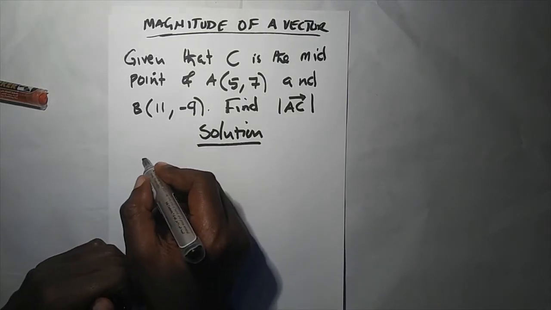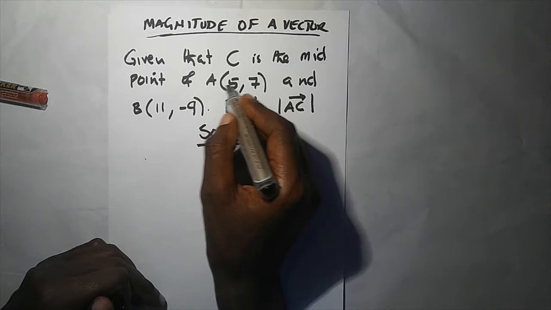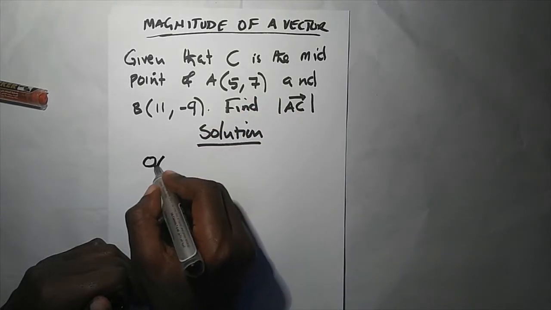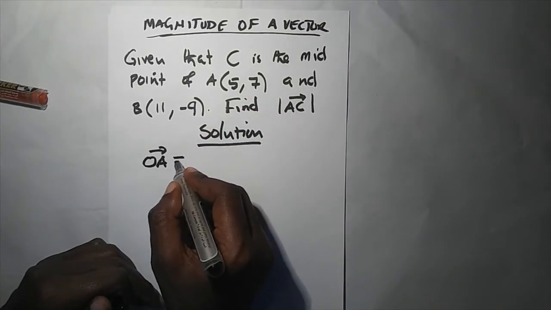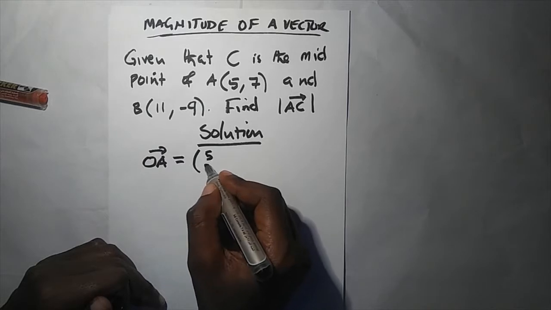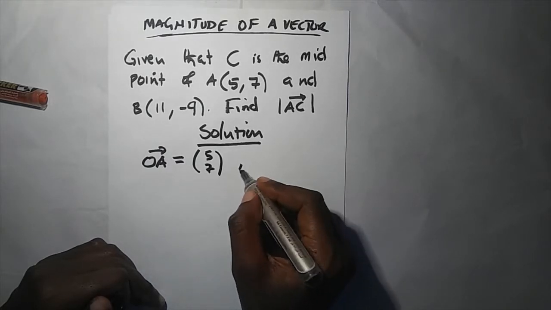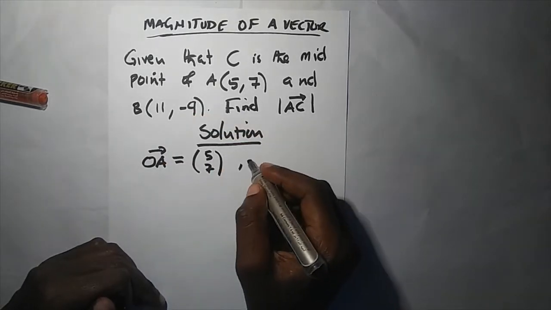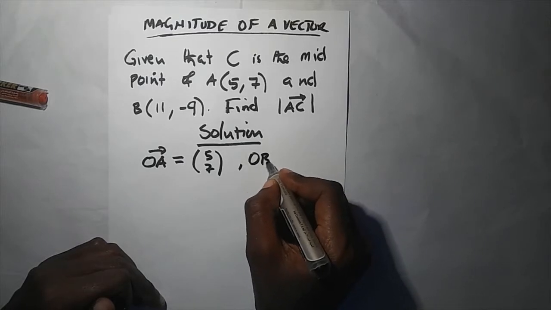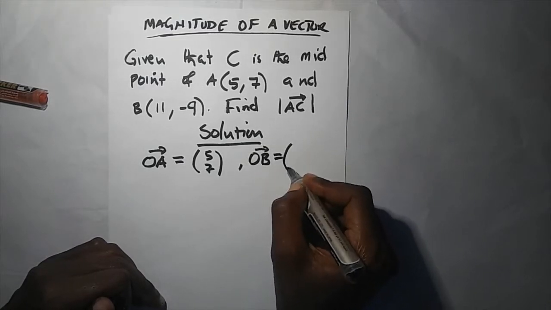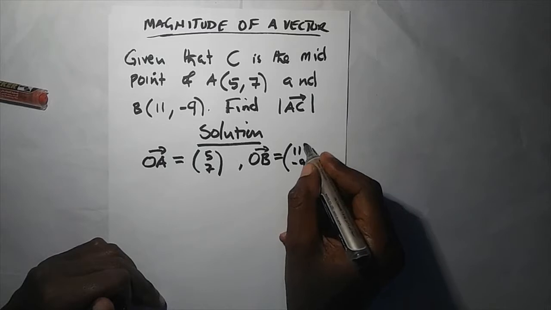So the point A as a column vector will be OA. Write it as a position vector, 5 and 7. And the point B as a column vector will be OB is equal to 11, -9.